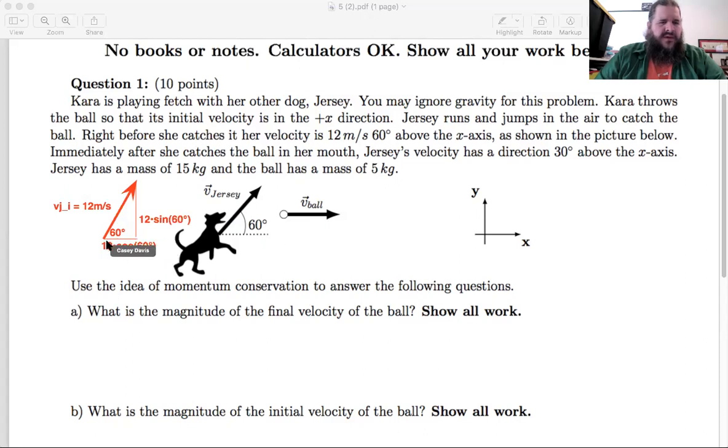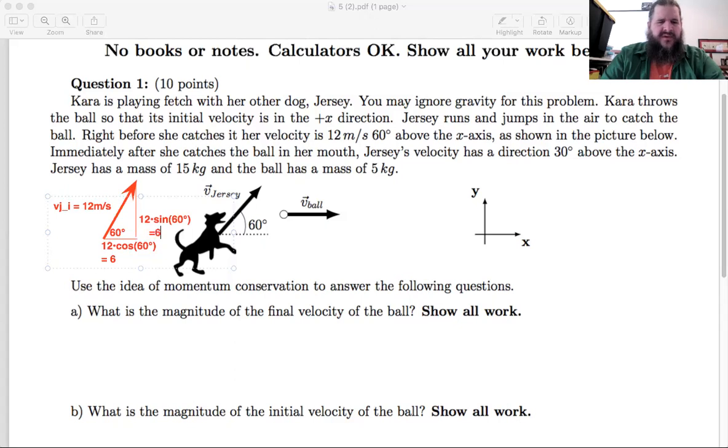And it looks like these are in the positive x direction and positive y direction, so we don't need to worry about any negatives. And if I remember correctly, cosine 60 is 1/2. So 12 times cosine 60 is 12 times 1/2, so that'll be 6. And then sine 60 is root 3 over 2.